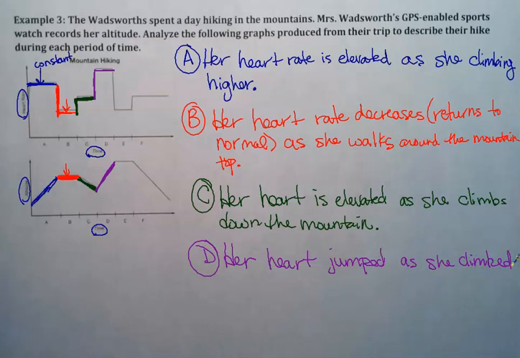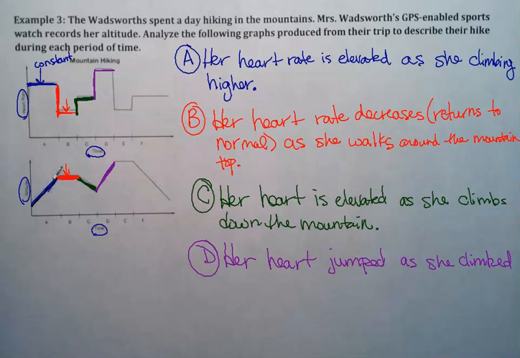What do we think? Oh, you know what I can tell if I look at these? I wish I had you in class. If you look at the steepness of her elevation, this one is going up, but this one is a steeper elevation. Let me see if I can trace this and move it over.